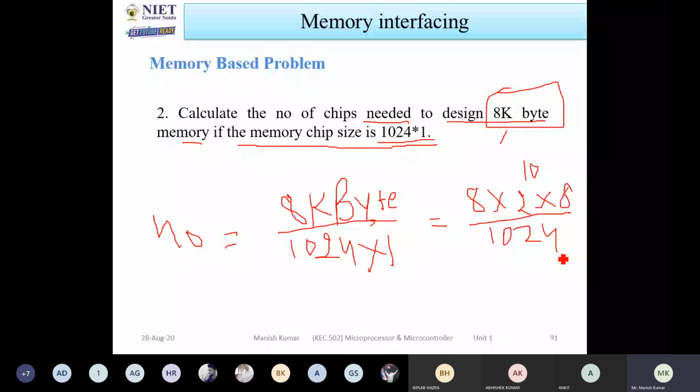So this gets cancelled. How many chips are required? If you have any doubt, you can tell. 64. Correct? Since 64.